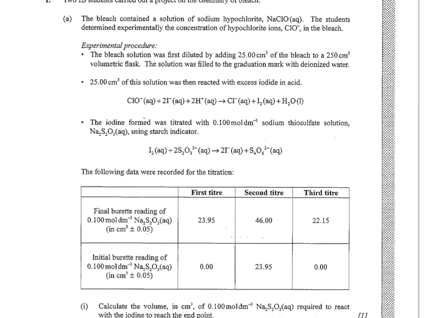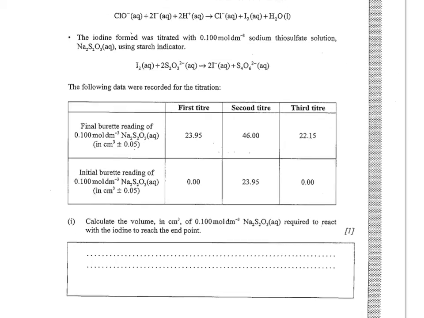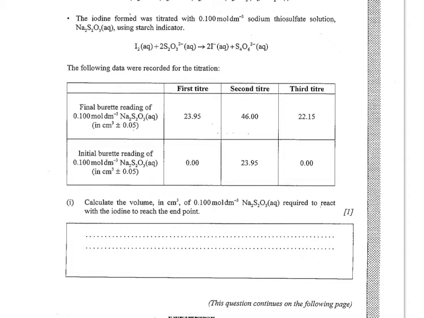And if you scroll down to the first question, it says calculate the volume in centimeters cubed of 0.01 molar Na2S2O3 required to react with iodine to reach the end point. And so if you look, you're given 3 titrations.